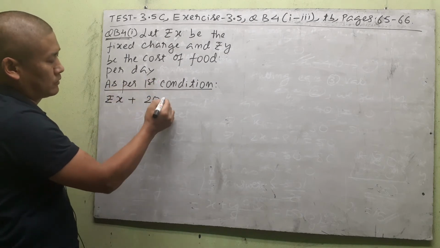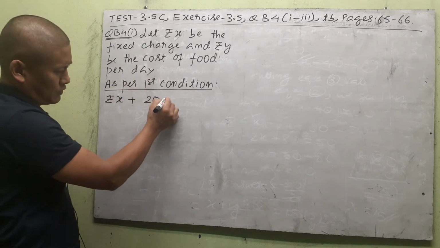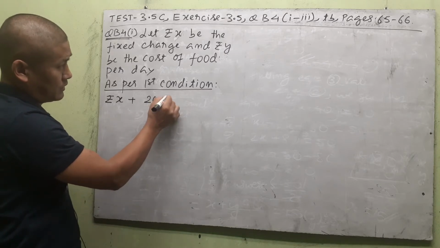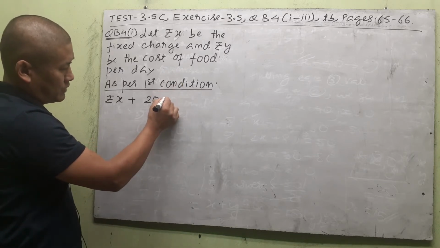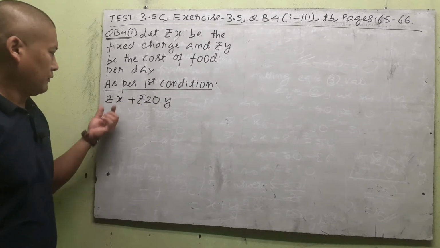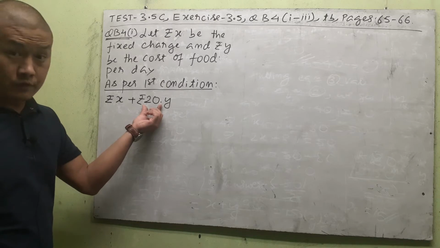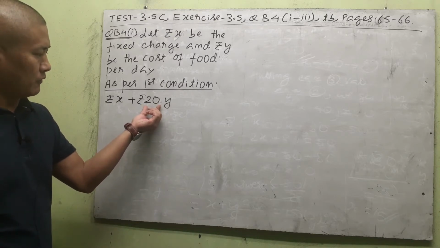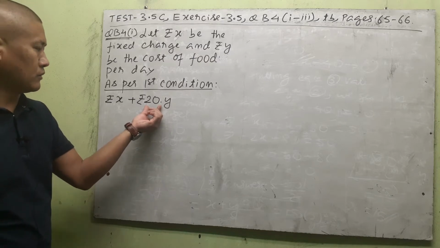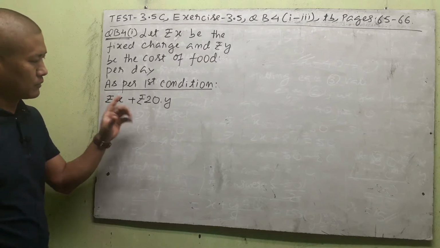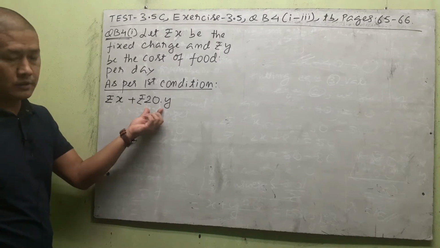So number of days 20 into food charge per day is rupees Y. So you can put the rupees in front here. So fixed charge plus food charge for 20 days. This one will change according to the number of days that a student stays in the hostel, but this one is fixed, does not depend. So fixed charge plus her 20 days food charge is this.